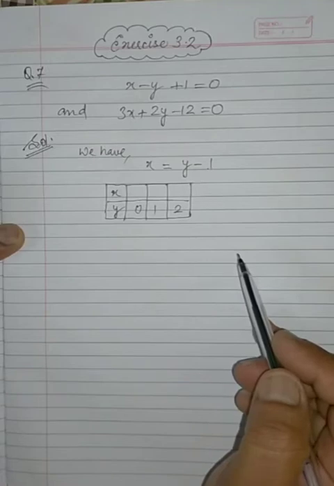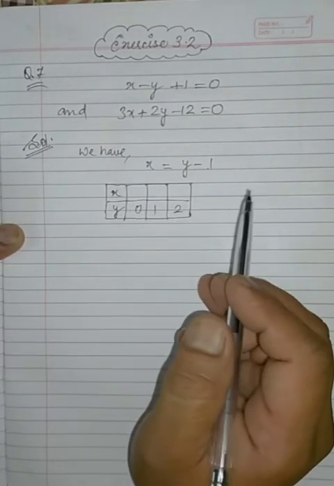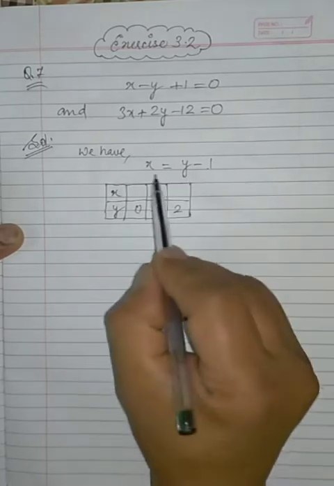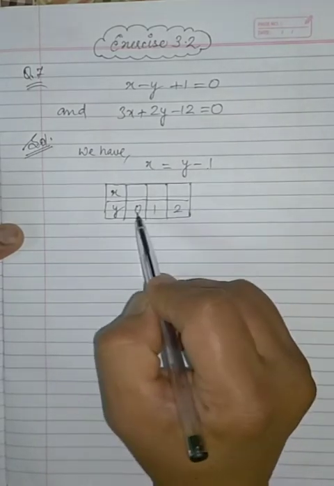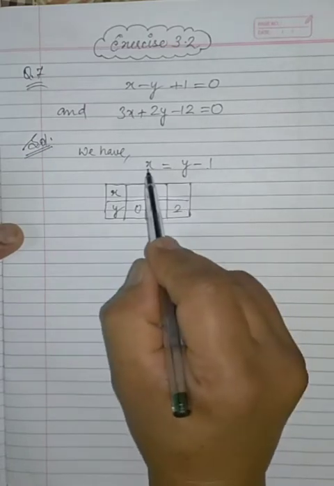So we should try to take the nearby values so that it will be very easy for us to plot them in the graph. Now if in this equation we put 0, 1 and 2, then we will get the corresponding values of x.